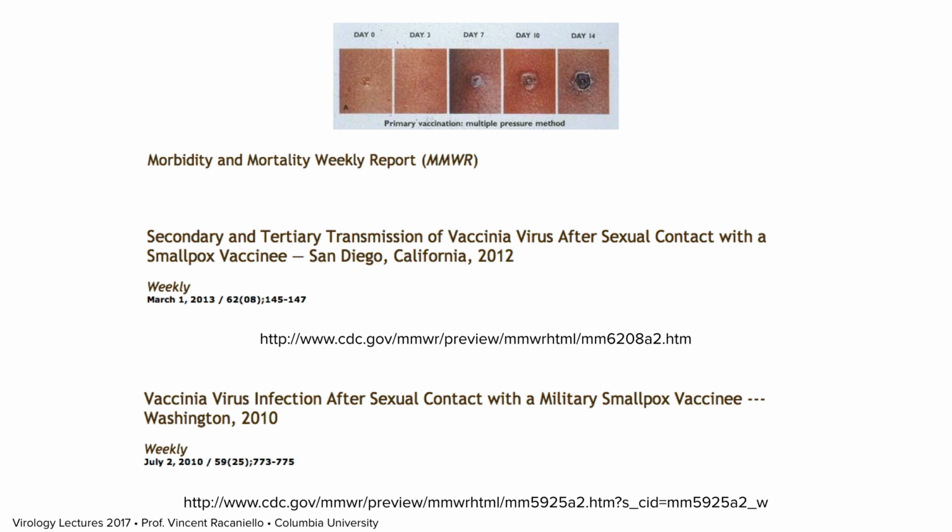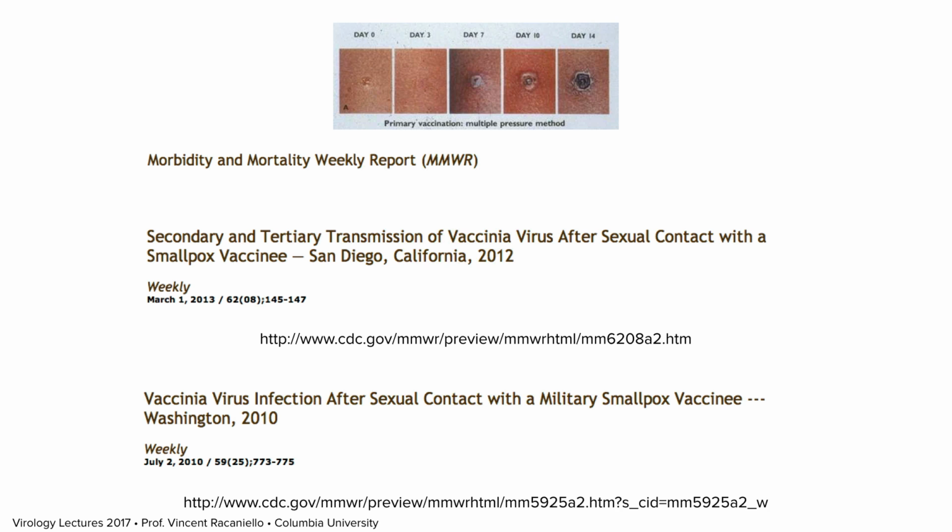So the Band-Aid comes off, there's virus right on the skin because they scrape it with a needle, so it's replicating right there. And of course, someone touches it. And this virus loves mucosal surfaces, okay? You can figure out where it replicates, but here are two cases in the CDC publication, secondary and tertiary transmission of virus after sexual contact with a smallpox vaccinee, and again here a military vaccinee.